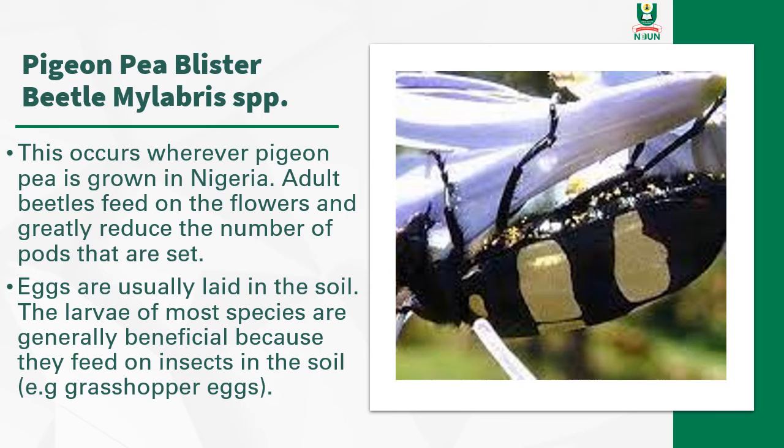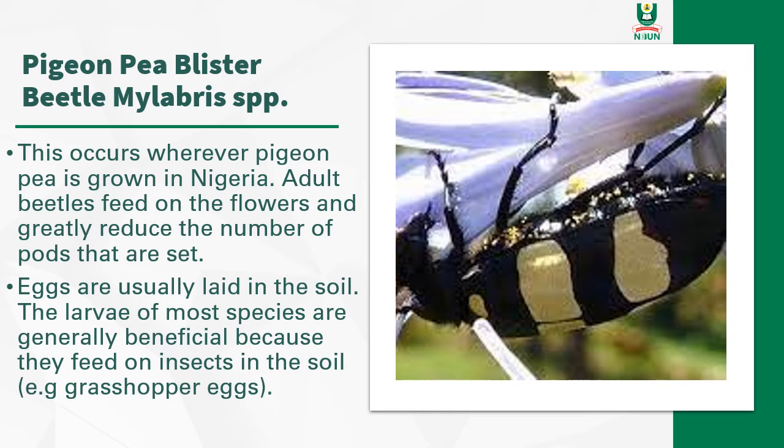The adult beetles feed on the flowers, like you can see this one on the flower of this pigeon pea plant, and greatly reduce the number of pods that are set. The flower is the one that will become the pod, so when the flower is destroyed, no pod can be formed. The eggs are usually laid in the soil, and funny enough, it is the adult stage of this insect that is disastrous.